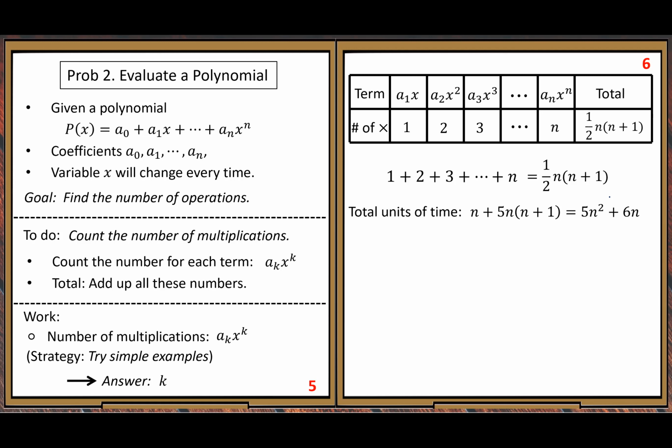Each multiplication uses 10 units of time. So you get 1/2 times 10, which is 5, so 5n times n plus 1. This expression gives us the total units of time we need to find the value of the polynomial. We have a concrete number.